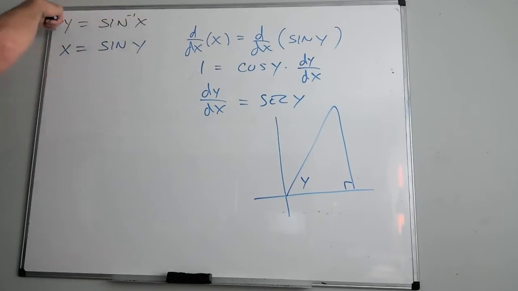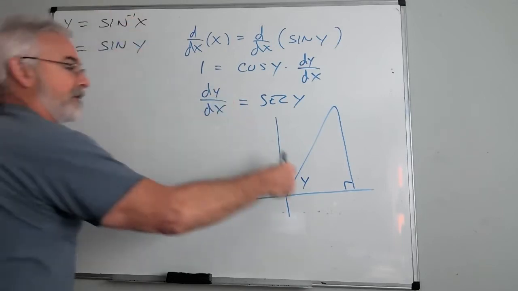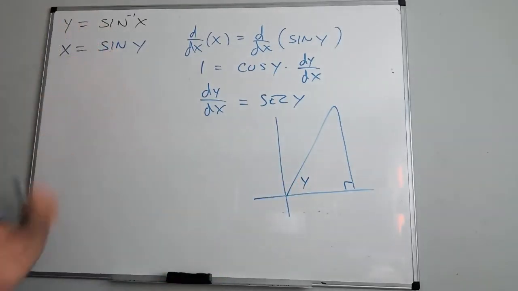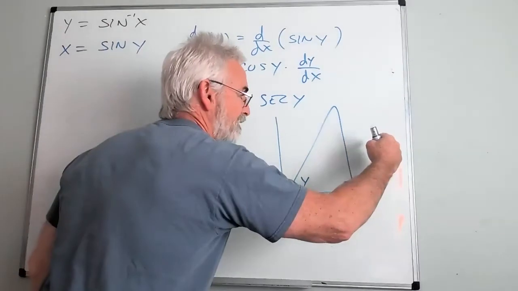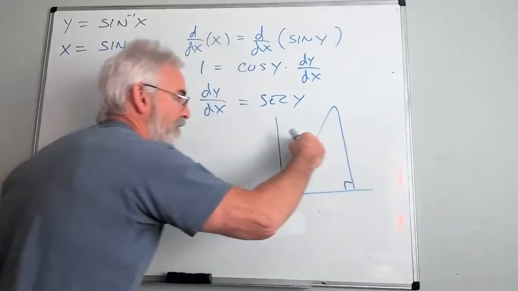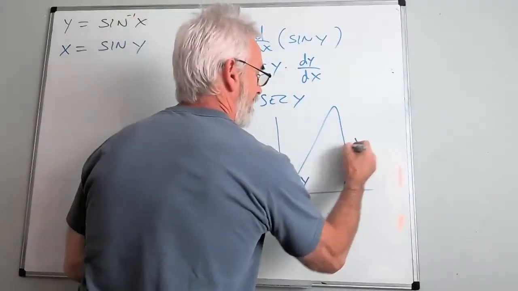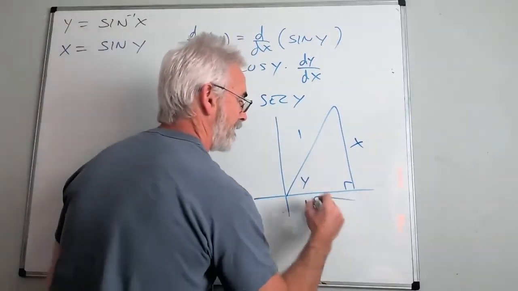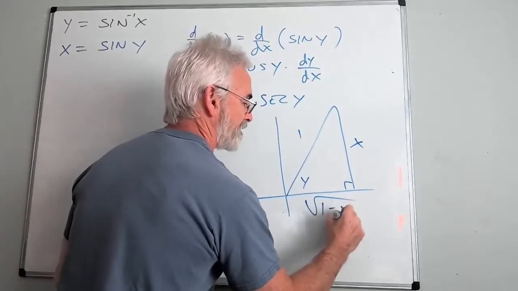So in this statement, the y is the angle. I need a picture where the sine of y equals x. Sine would be this over this, so x over 1, which means this piece down here would be the square root of 1 squared minus x squared.